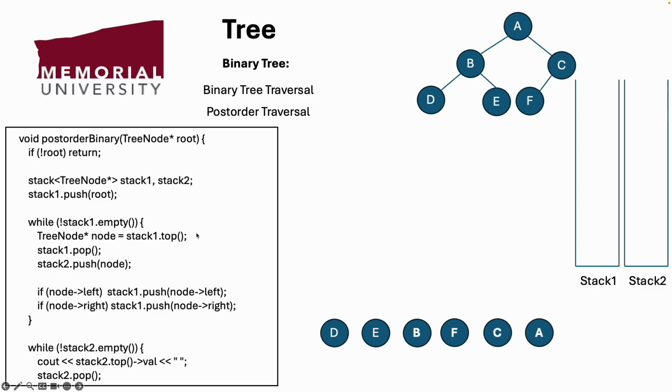Okay, so this is how we can use the stack to implement the post order traversal. For post order traversal, we need to use 2 stacks. The first one, stack 1, is for applying the logic, going from the children first and then to the parent node.